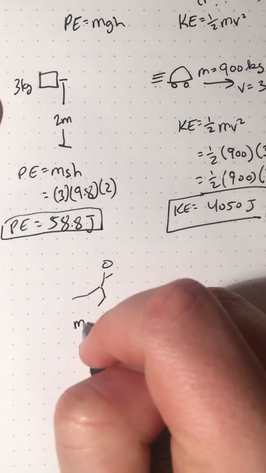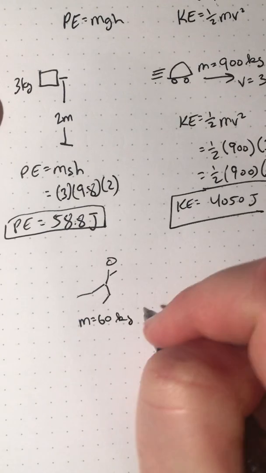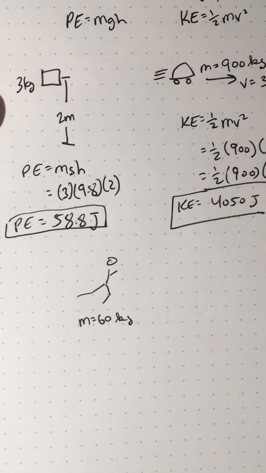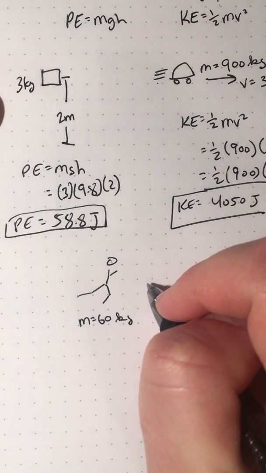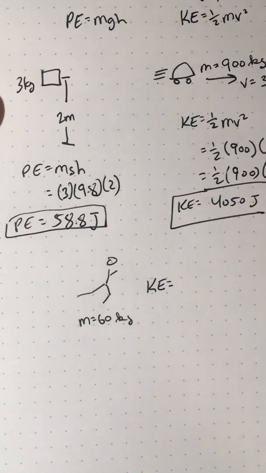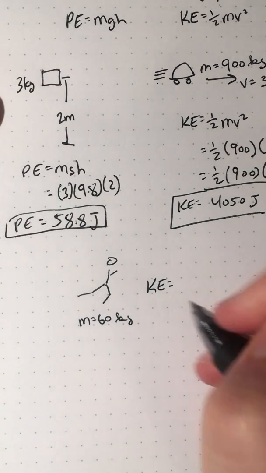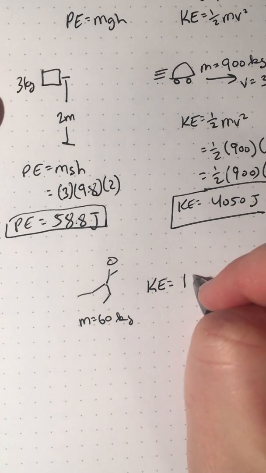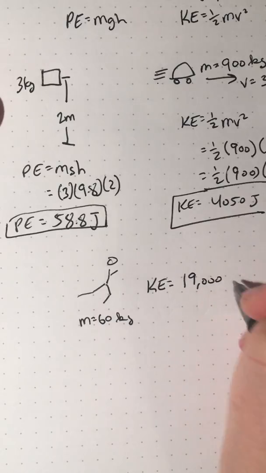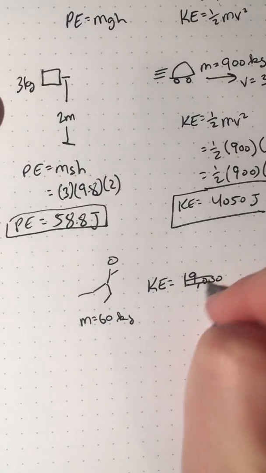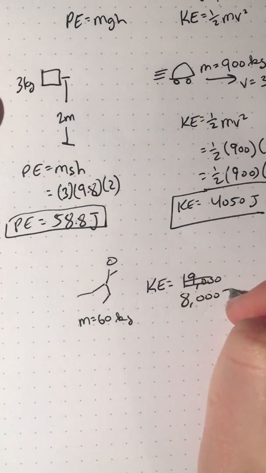This is a 60 kilogram runner, and he's running so that he has a kinetic energy of, let's say, 19,000 joules. Actually, that's a lot. Let's say 8,000 joules.